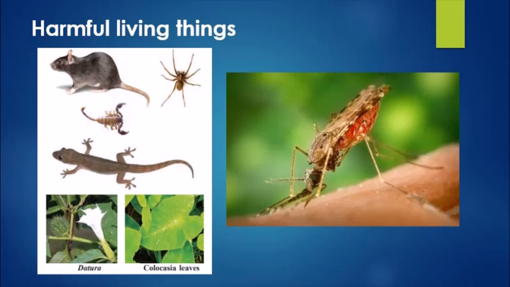Lice cause skin disease, so again they are harmful. Cockroaches, mice, and rats destroy food and even spread some diseases, so they are again harmful to human beings. Then there are poisonous snakes which can even cause the death of a living organism or animal. So these animals are called harmful living organisms.